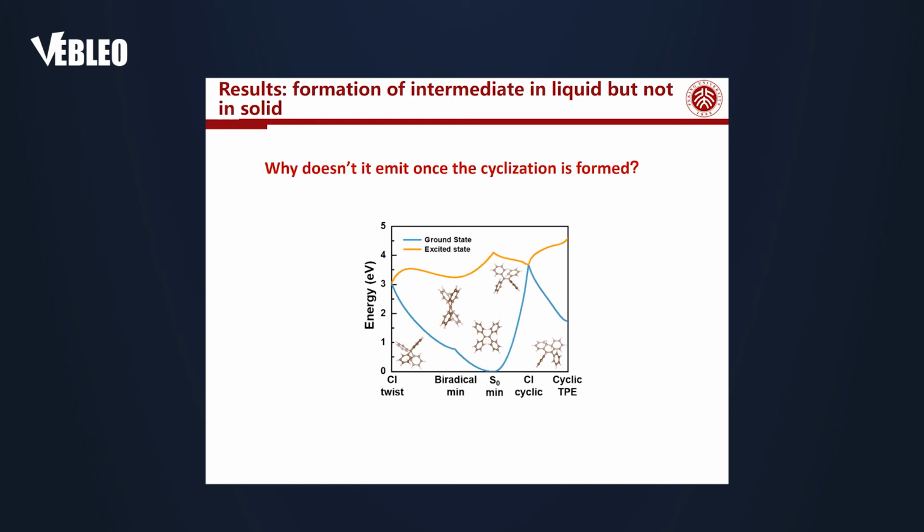Or in other words, once we see the cyclization product, it means that this molecule already went through a conical intersection. And at the conical intersection, this molecule releases all its electronic energy into vibration.